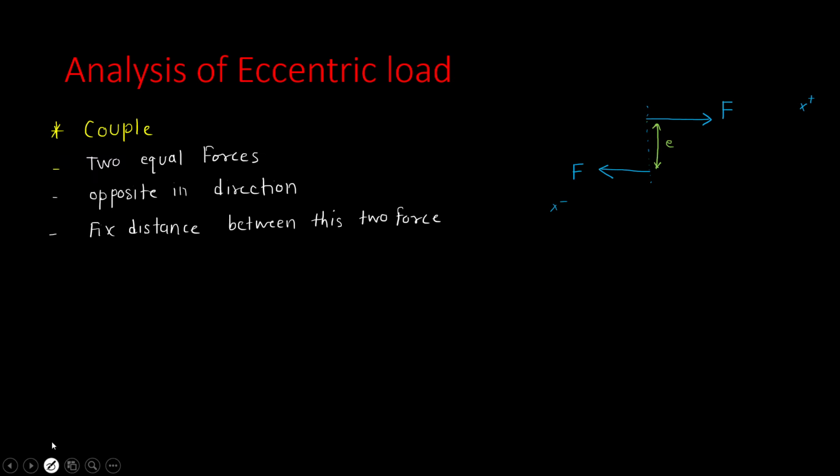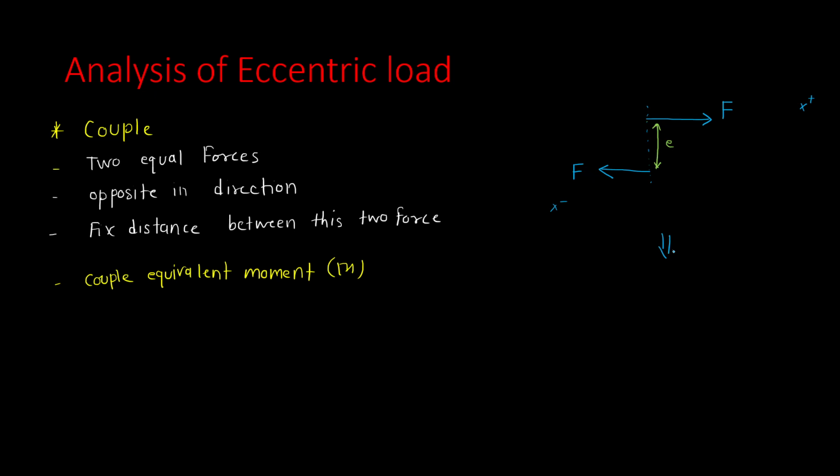Now there is one property of this couple, that is, this couple generates a couple equivalent moment. This is the most important part from here. That means this arrangement which you are seeing generates a moment, and that moment is called the couple equivalent moment.